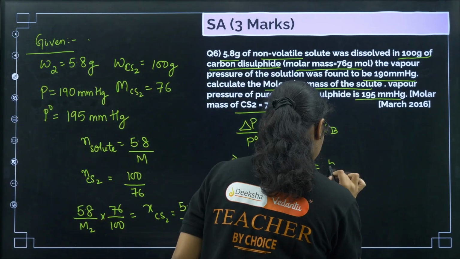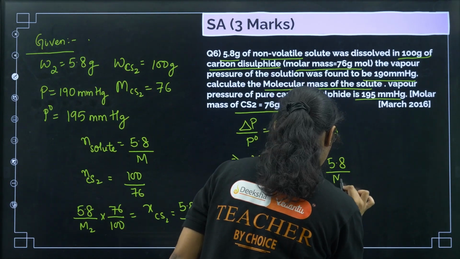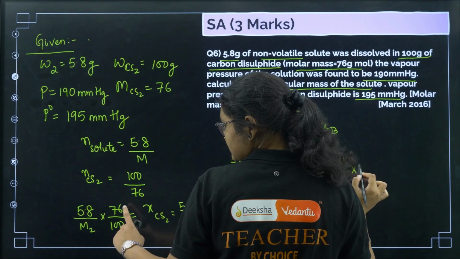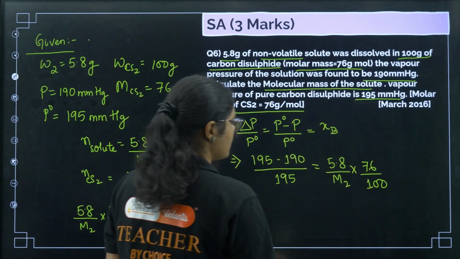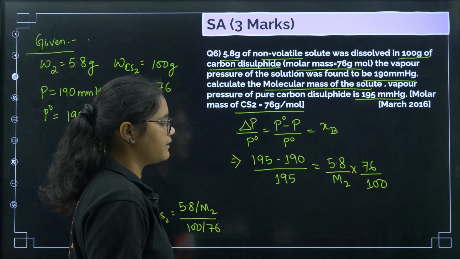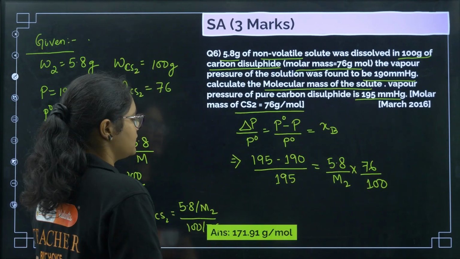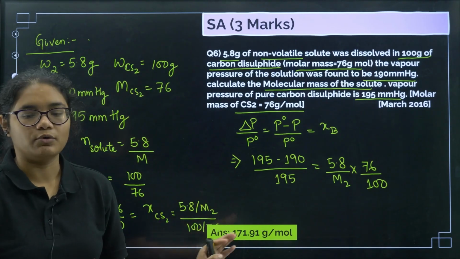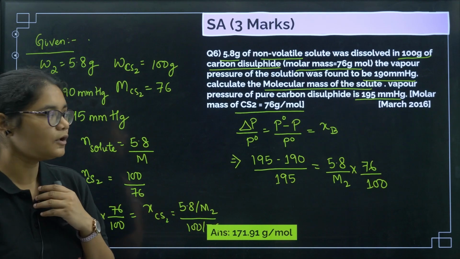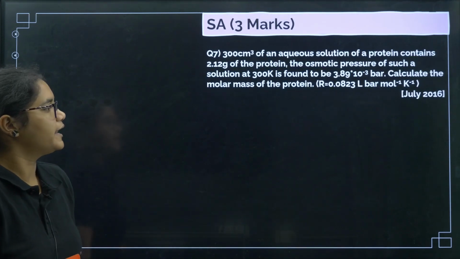XB value will be 5.8 by M2 into 76 by 100. Now you can solve this question to find the value of M2. This will give you around 171.91 gram per mole as the correct answer. Okay, very easy question.